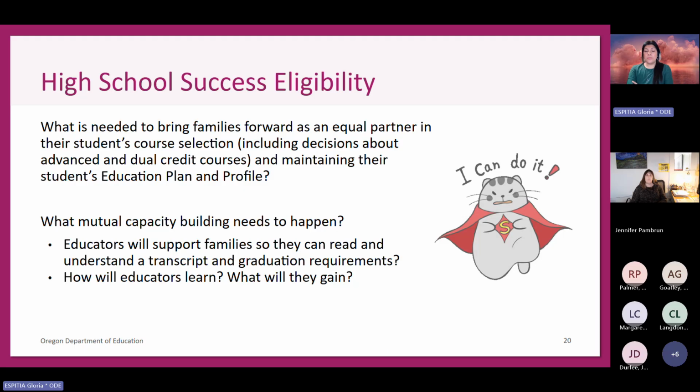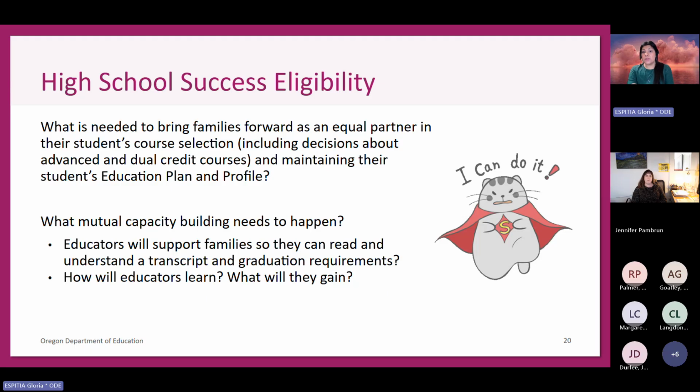And so we moved through a statewide evaluation of different districts in the state. And so far, what we have seen is that many districts are failing to meet the high school success eligibility requirement that requires that schools actively involve students' family or their caregivers in graduation planning, course selection, and maintaining a student's education plan and profile.